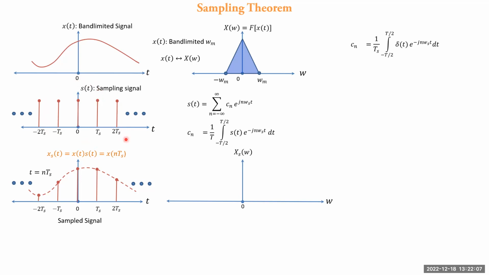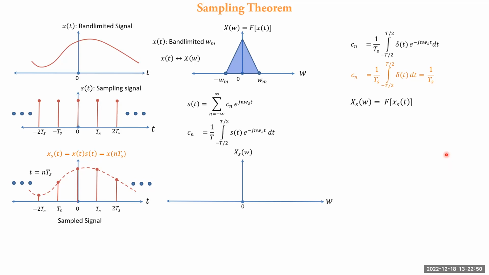Here we are applying the Fourier series to s(t), and if you consider the period from minus Ts by 2 to plus Ts by 2, then there exists only one impulse, which is delta(t), and therefore Cn can be computed by a simplified equation where the product delta(t) times e raised to minus jn omega s t will exist only at t equal to 0, which makes e raised to 0 equal to 1, and hence the area under the impulse is 1, which gives Cn equal to 1 by Ts.